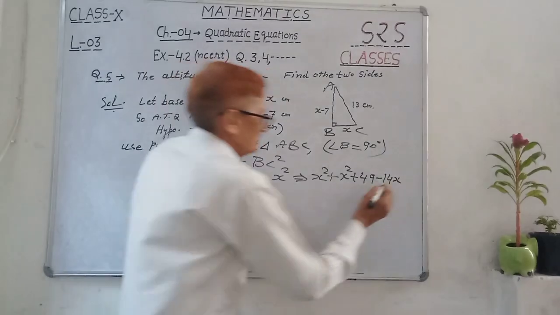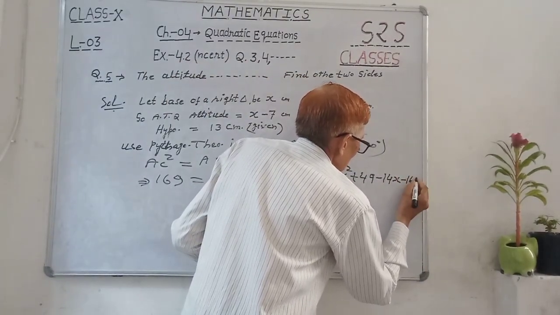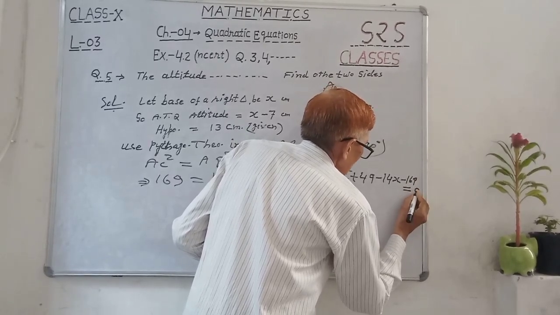Take this to one side, minus 169 equal 0.